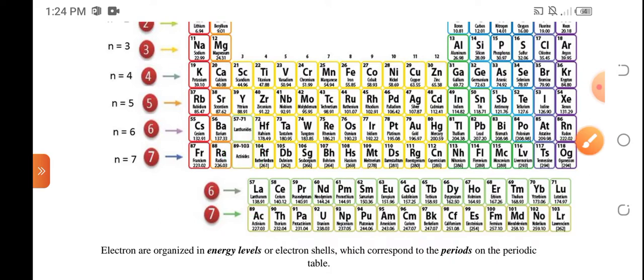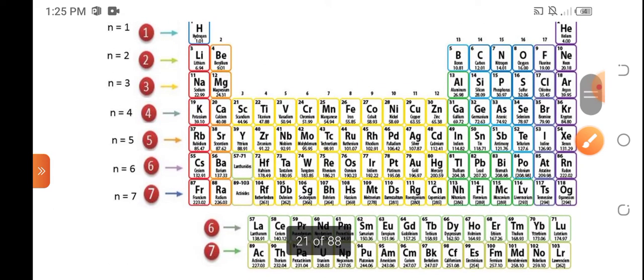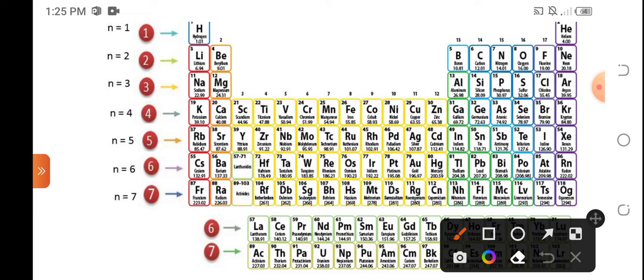This period actually represents the energy level. If you still remember the energy level in electron configuration, yung 1s1, the 1 there represents the energy level.